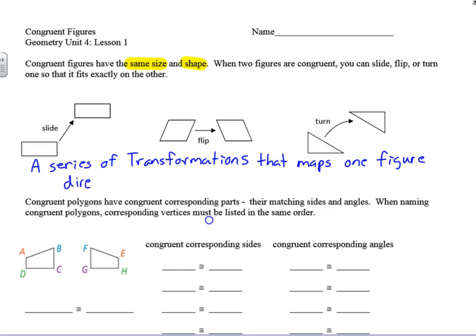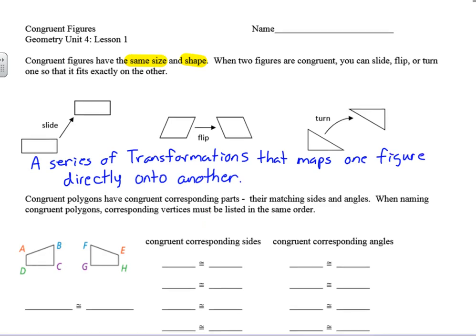We will look at that much more in depth in later units, but I just want to introduce it to you. So a series of transformations that maps one figure directly onto another. If that happens, that means they're congruent. They match up exactly, and we say that they have the same shape and the same size.